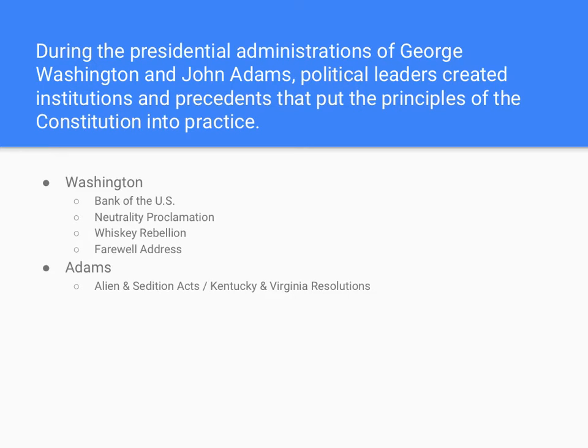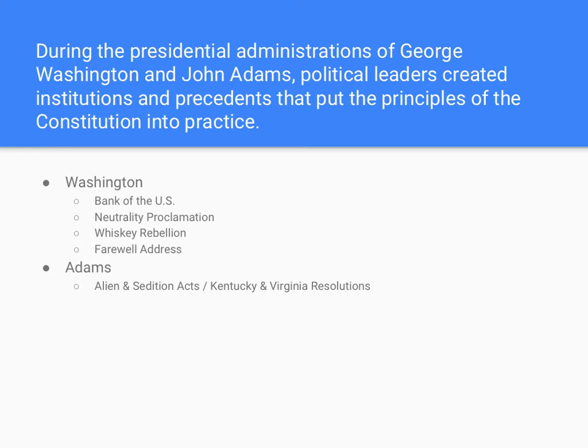And our first presidents, President Washington and then President John Adams, had the ability to make decisions on how they interpreted the Constitution. And so in those early presidencies, our presidents were setting precedents that put the principles of the Constitution into practice. So the decisions that were made by these first presidents helped later generations interpret the Constitution.